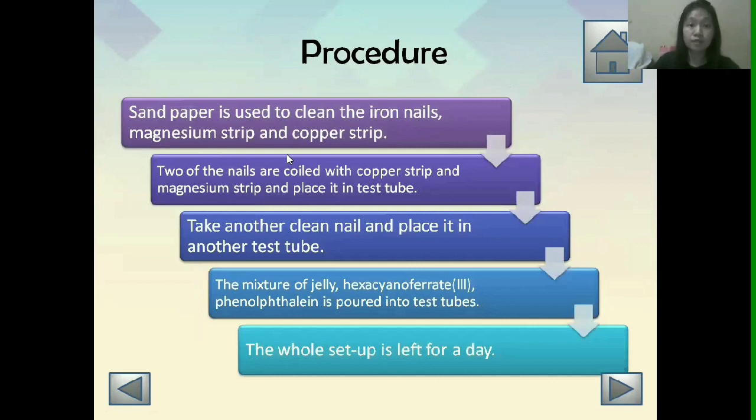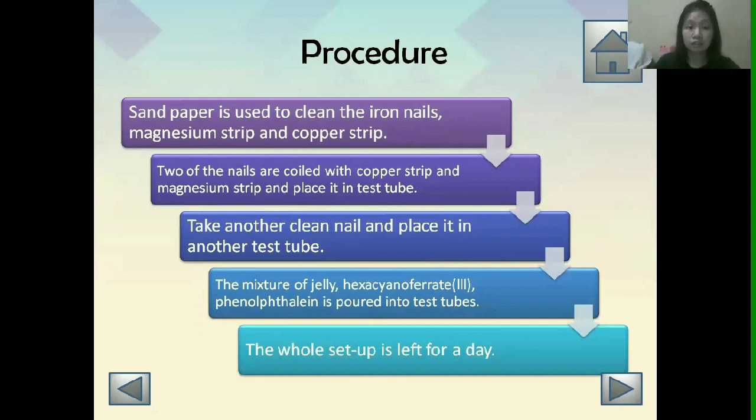This is the procedure for the experiment. First, we clean the iron nails, magnesium ribbon, and copper strip with sandpaper. Why? Because we have to remove the outside layer of the metal first. Then, two of the iron nails are coiled with copper strip and magnesium ribbon respectively, and we place them in different test tubes.